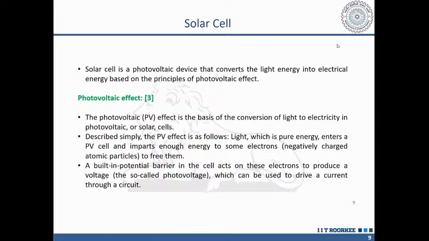So photovoltaic, photo and voltaic together: photo means the light energy and voltaic means the chemical energy. Then what happens when the light energy falls on the surface of the PN junction? What kind of chemical reaction takes place?